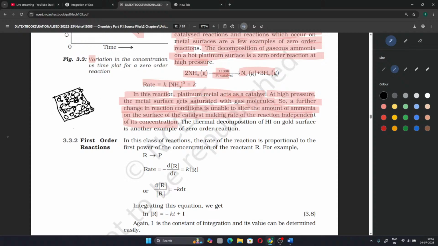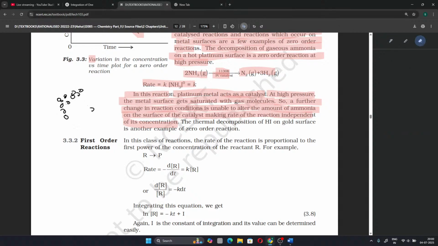Or in case of an enzyme, if a certain amount of enzyme is acting like a limiting reagent, which is limiting the rate of the reaction. As the amount of enzyme is constant, if it is 3 ml, 5 ml, or whatever amount of enzyme is present, that will remain the same, it won't change.